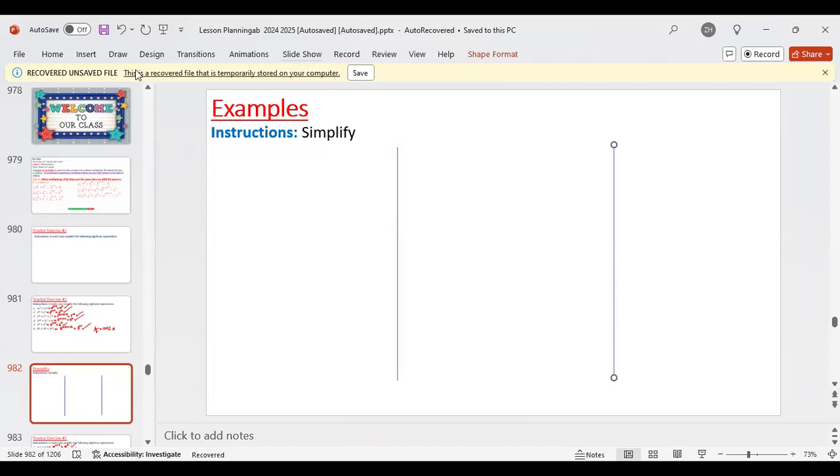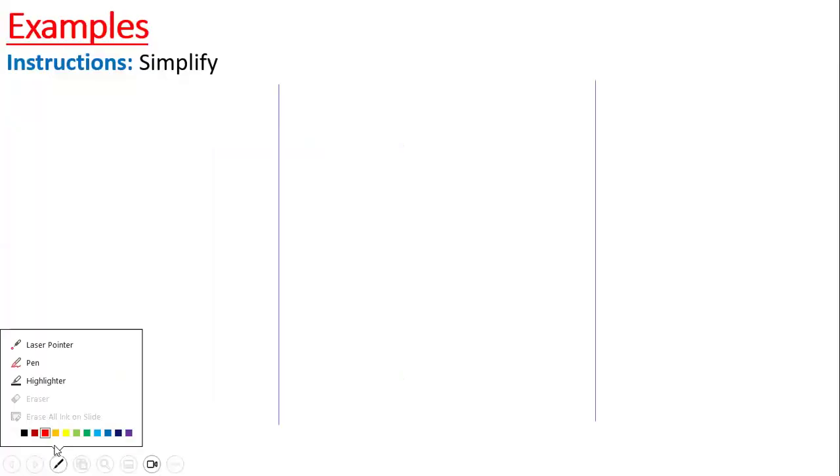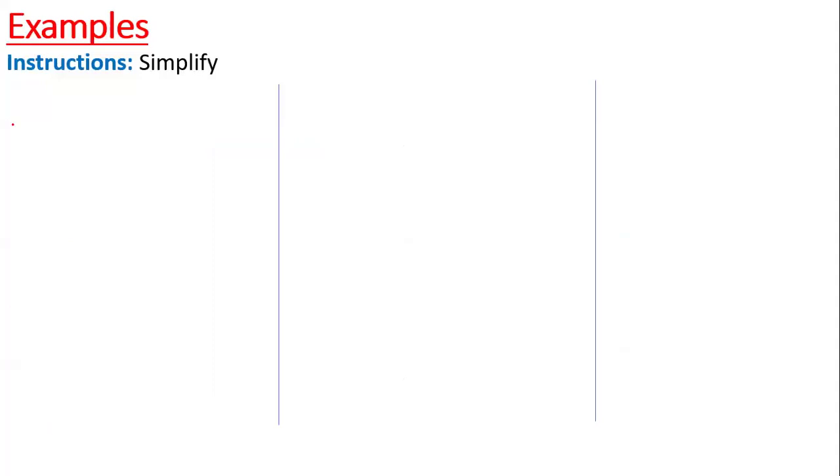All right, so the first question we have is number 1, which states that we have 6b squared multiplied by 3b to the 4th power.